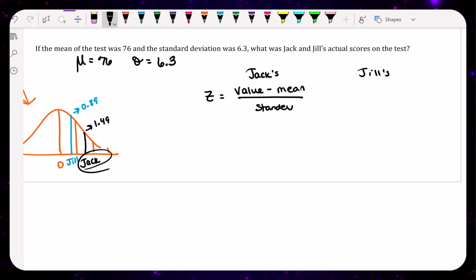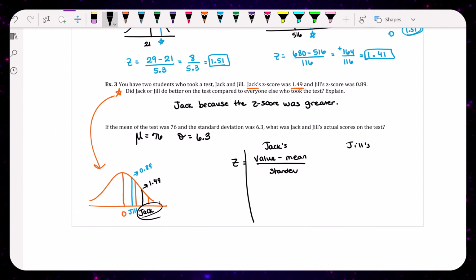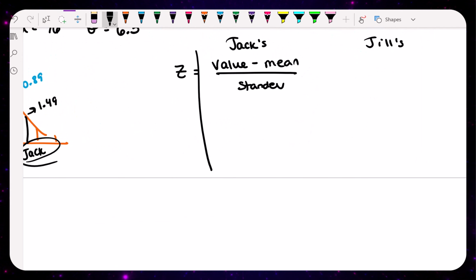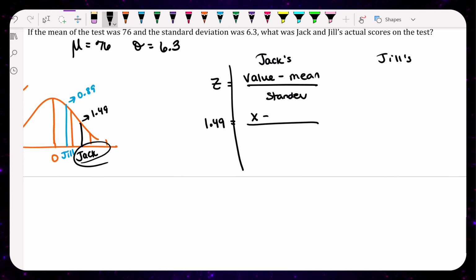Okay, Jack's z-score was 1.49. So it's going to be equal to the z-score. What we're trying to do is figure out what his actual test score was. The mean of the test was 76. And the standard deviation was 6.3. Okay, so this is what we're looking for.